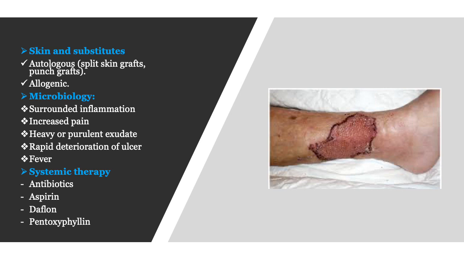What about antibiotics, whether topical or systemic? Antibiotics in cases of venous ulcer are used if there is surrounding inflammation, if there is increased pain, if there is heavy or purulent exudate, or if there is rapid deterioration of the ulcer, or if the patient has fever.